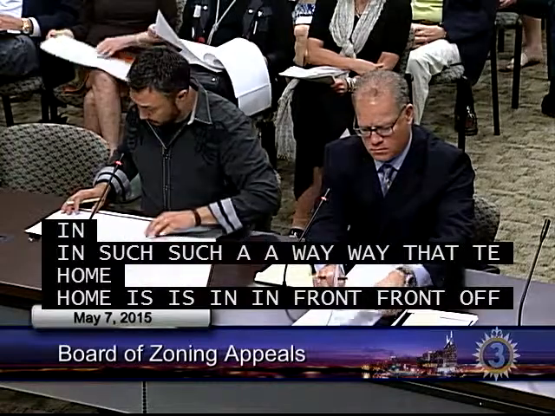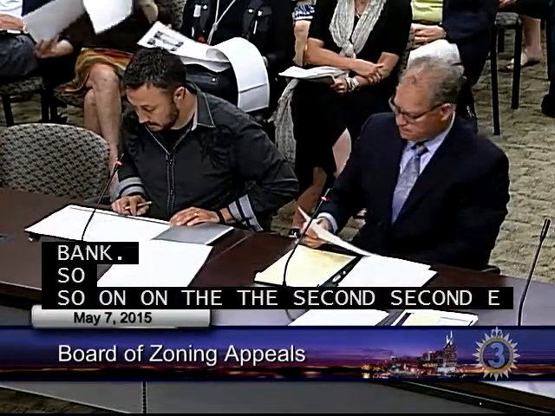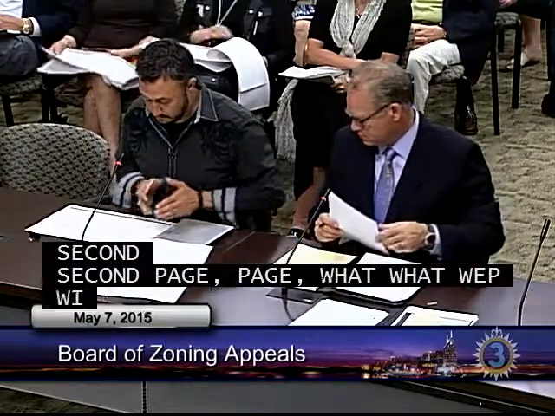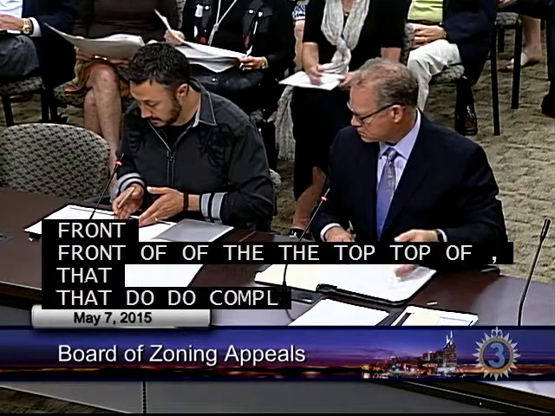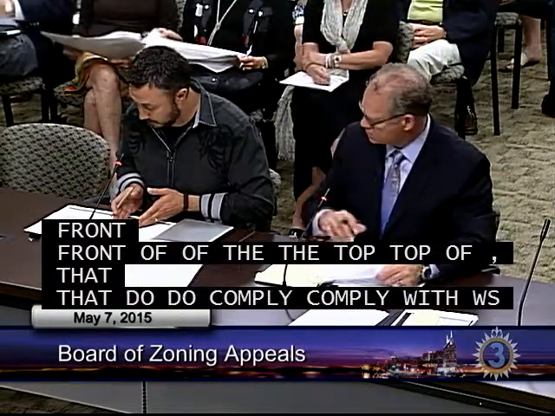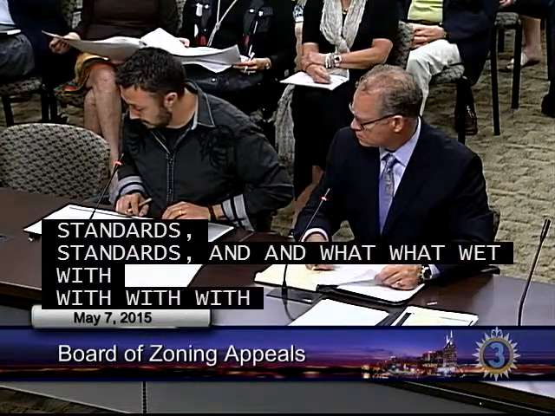On the second page, what we've come up with are 2 homes that are in front of the top of the bank that do comply with today's standards, and what we're left with is 2 front-load homes.